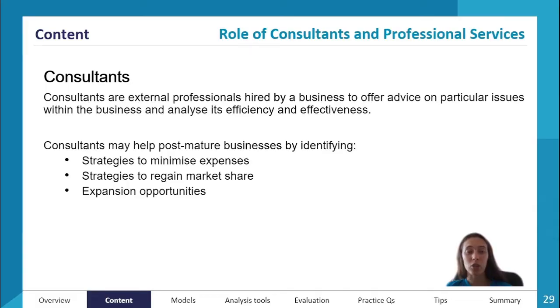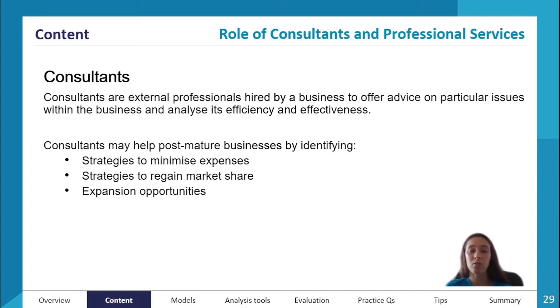post-maturity stage, and it's about renewal and being in that final stage of the business life cycle. So strategies to minimize expenses, they could help with providing ideas around that. Strategies to regain market share, and then expansion opportunities as well. Some businesses in the post-maturity stage can have that renewal and then actually continue to grow.